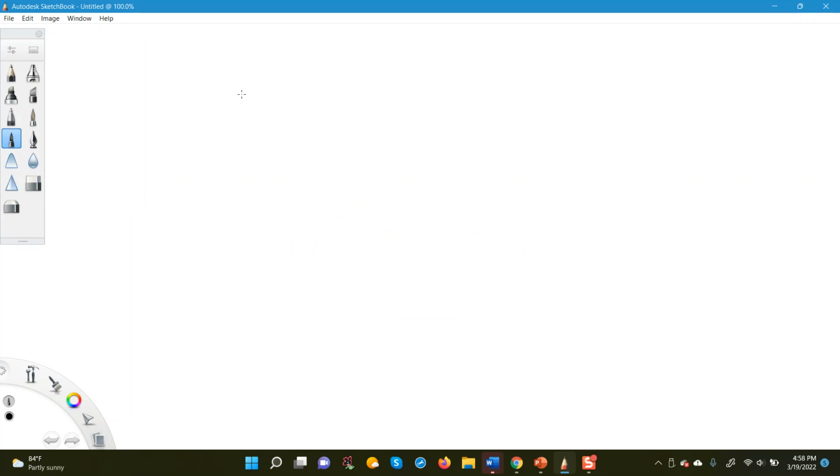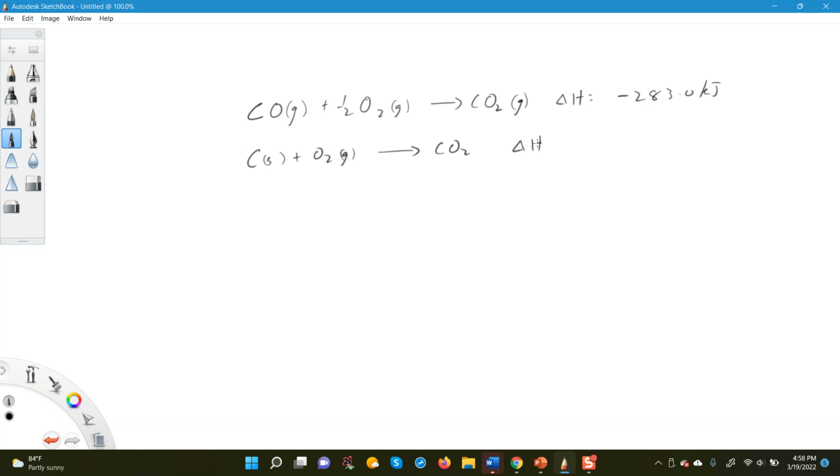And then to go from C solid plus O2 gas to give you CO2, delta H is equal to minus 393.5 kilojoules. Okay, so the problem is, how would we determine the enthalpy change going from carbon solid plus half a mole of oxygen gas to get CO2? I'm sorry, not CO2, CO.